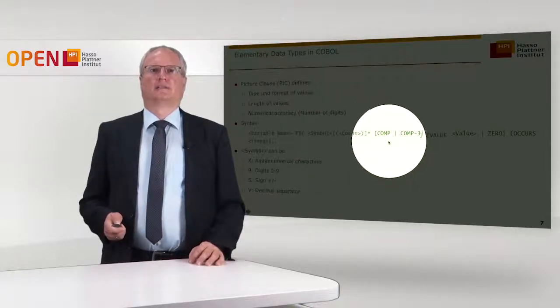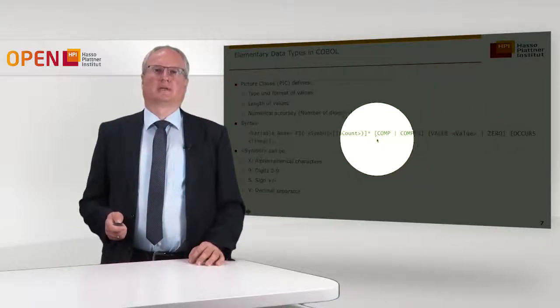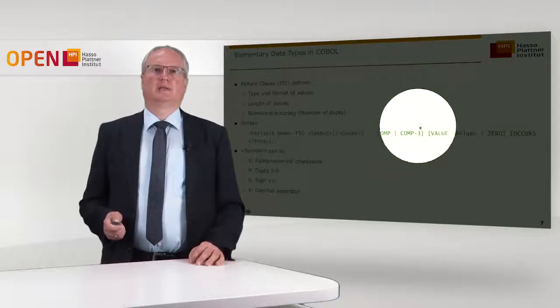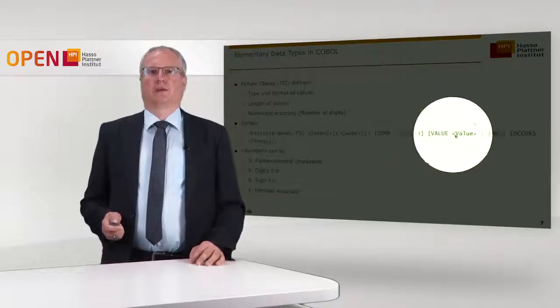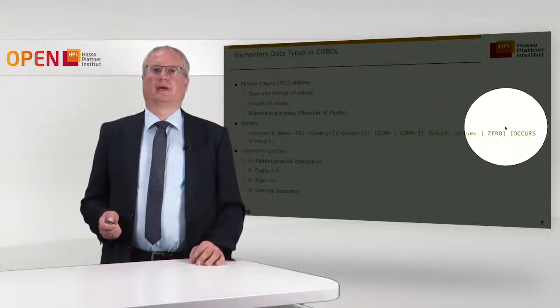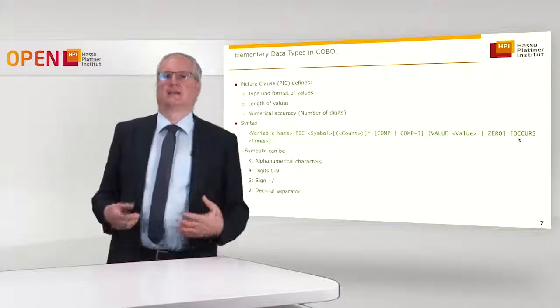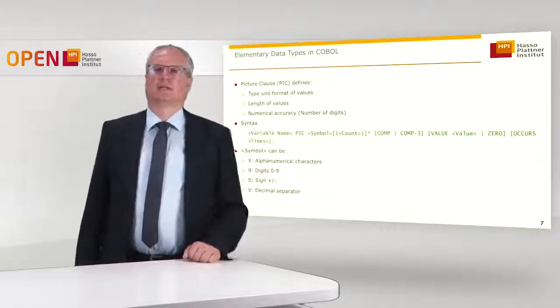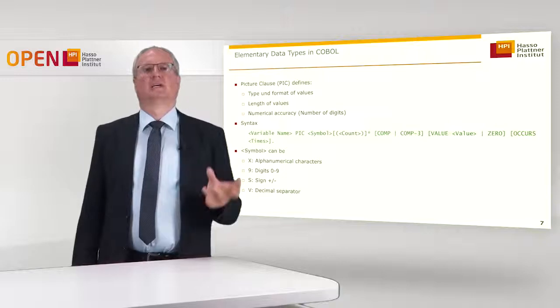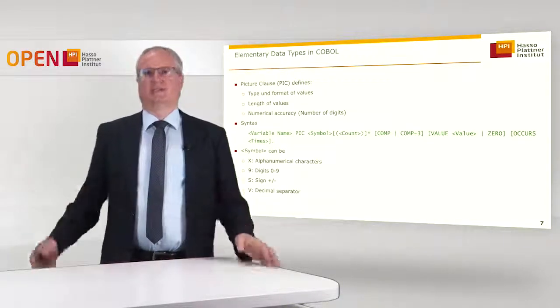And then we have some additional switches here to achieve, for example, binary, not BCD arithmetics. And then we have optional the value, which allows to provide an initial value. And then we can also specify arrays. Arrays in COBOL are always of fixed length, and this is done using the occurs keyword. Occurs and then times says how many elements this variable represents as an array.